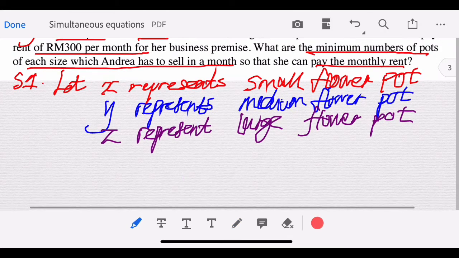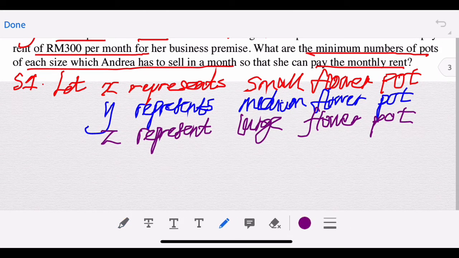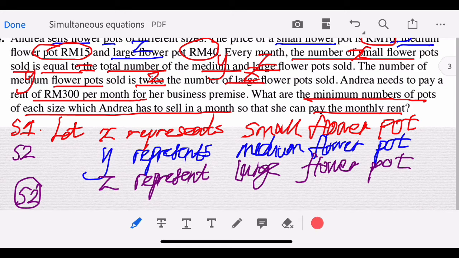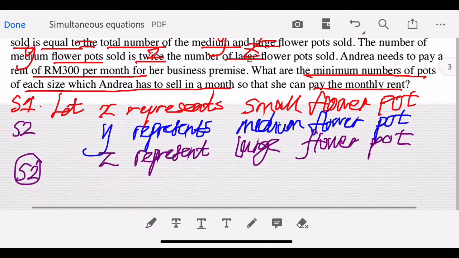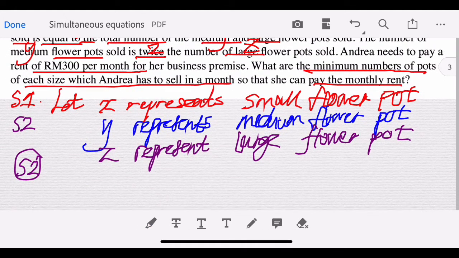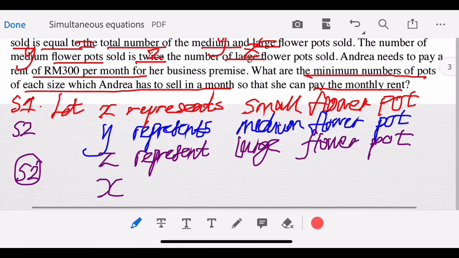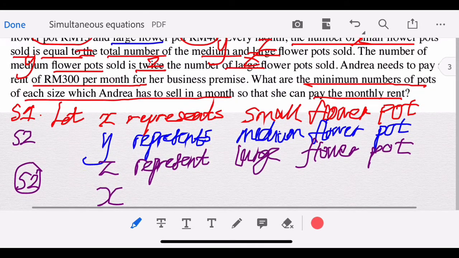So the strategy now, after we understand, is step 2. The strategy can be either defining the variables or forming the equations. As you read just now, the number of small flower pots, X, is equal to the number of the medium and the large.